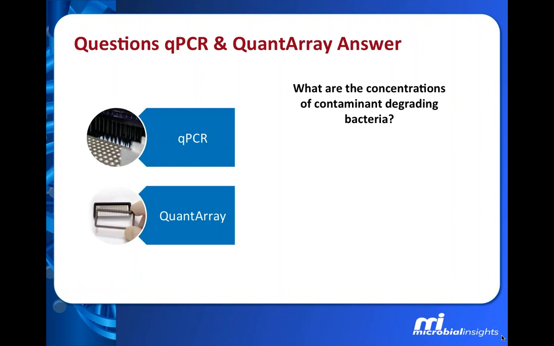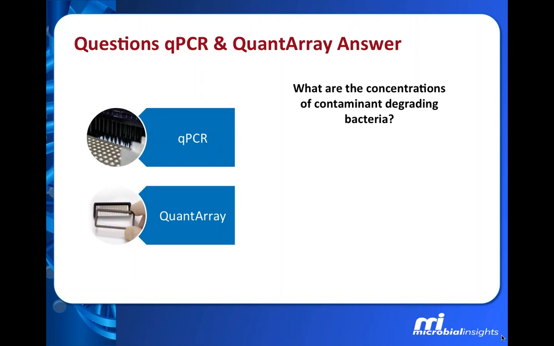For petroleum hydrocarbon degradation, we'll look at toluene monooxygenase or benzylsuccinate synthase to tell us if the capability for BTEX biodegradation is there. So in short, qPCR and quant-array are designed to answer the simple question, what is the concentration of our contaminant degrading bacteria?